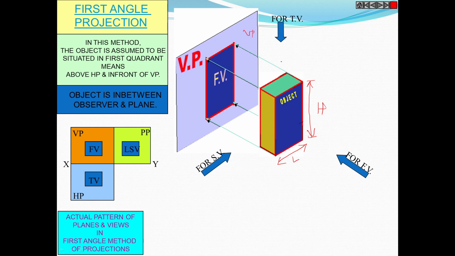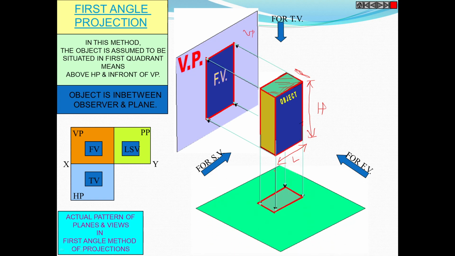So the projections are on the vertical plane. If you are looking from the top, which shape do we get? You can see this green part is what you see looking from the top. Again it is a rectangular shape, and the dimensions are the length and the width. So length by width is the top view.